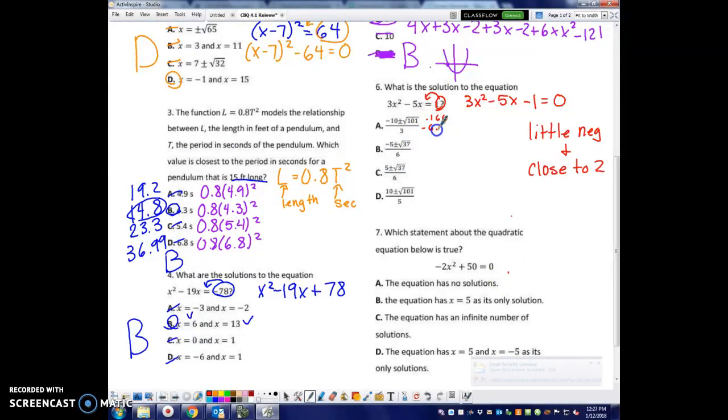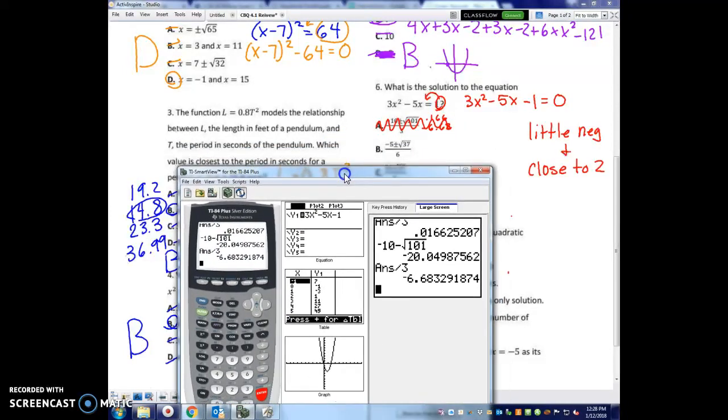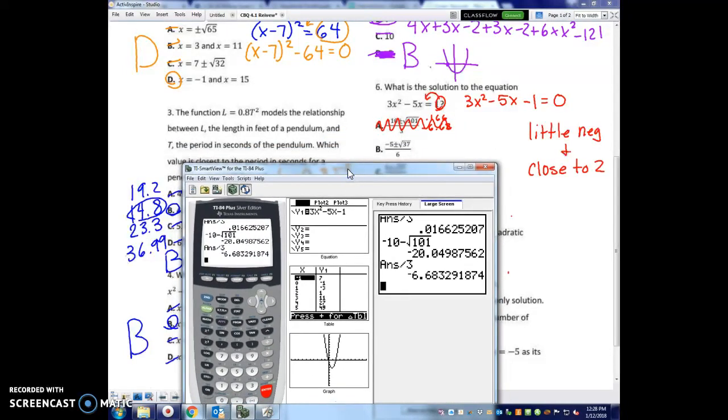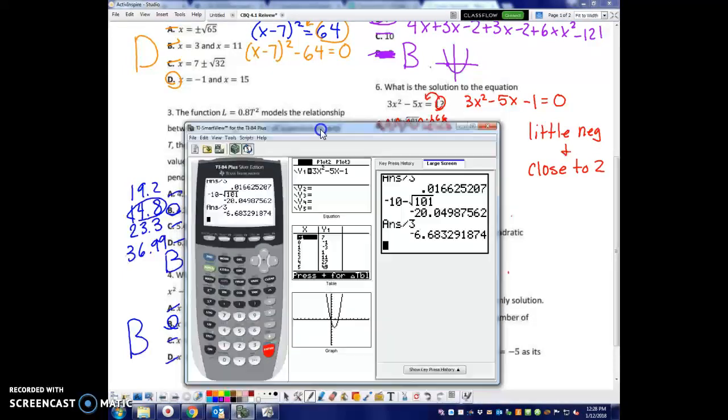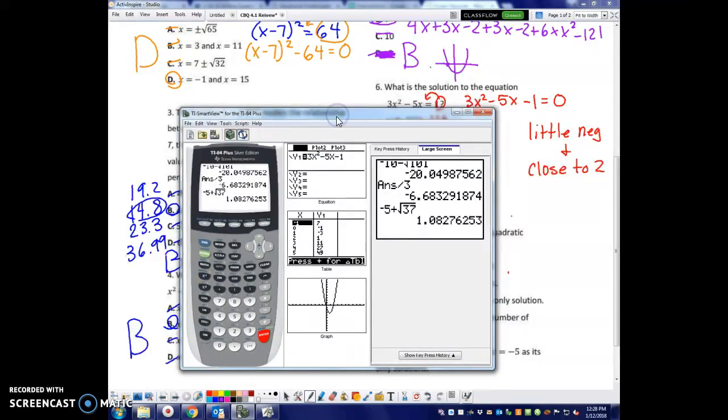Are these what we're looking for? Is it a little bit negative and then close to 2? Nope. Not A. Next answer choice. We have negative 5 plus the square root of 37. Okay, hit enter. Then we divide by 6.